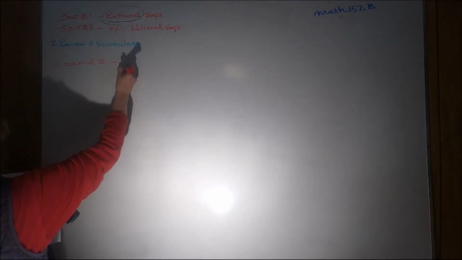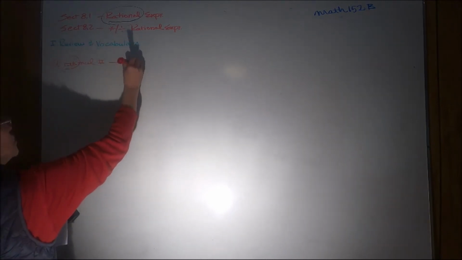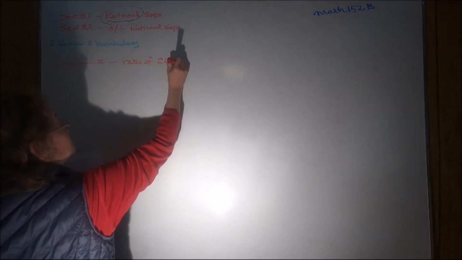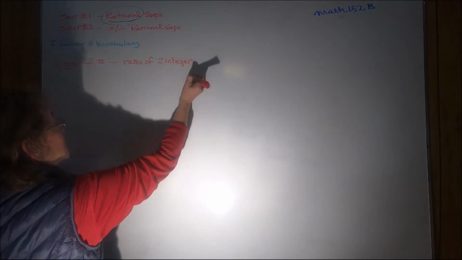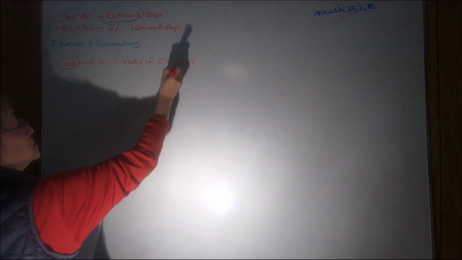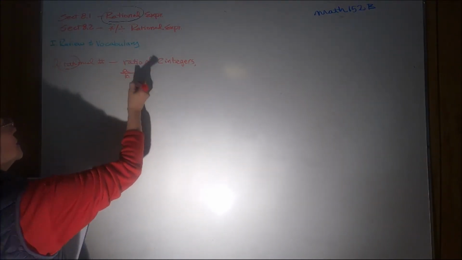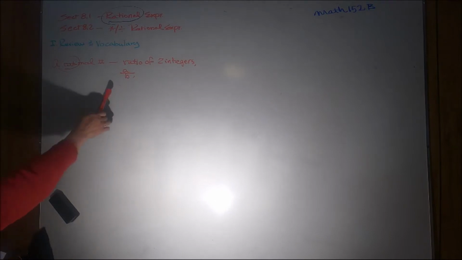A rational number is a number that can be written as what? Rational. It's like a ratio. It's a ratio of two integers. Ratios are written this way, A over B, right? To be rational means to be reasonable, and rational numbers are things like fractions, part of a whole.